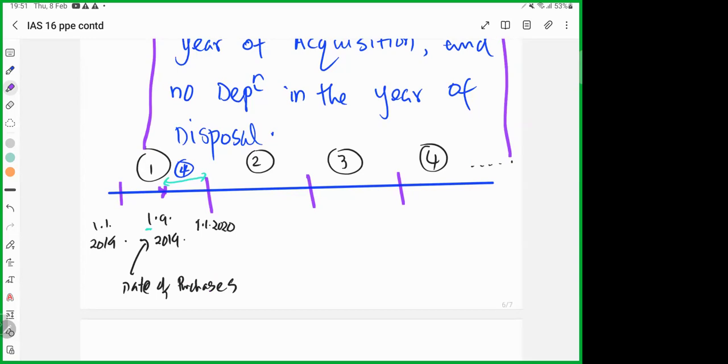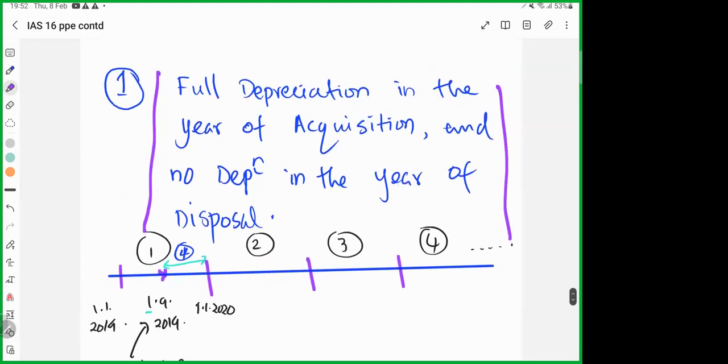But what is the policy of the company? Regardless of the number of months the asset is in the business, the business is telling you to calculate depreciation fully. Full means you have to assume the asset is with you for the entire year.